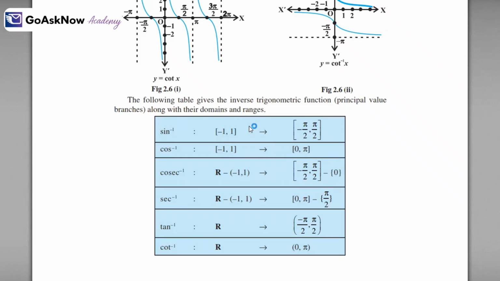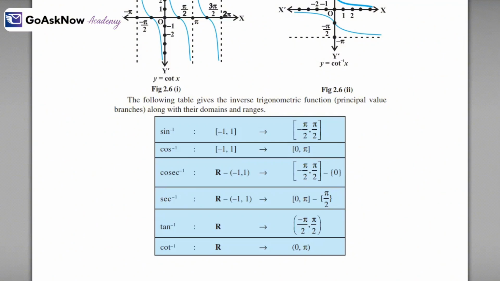In the previous class, we saw some basics of the first chapter, and we also started our second chapter in the previous lecture, which was inverse trigonometry. In that chapter, we just recalled the trigonometric functions: the sine, cos, tan, cot, sec, and cosec functions.